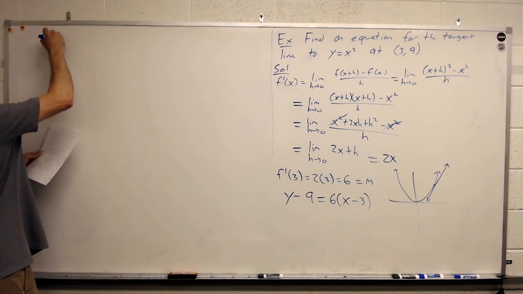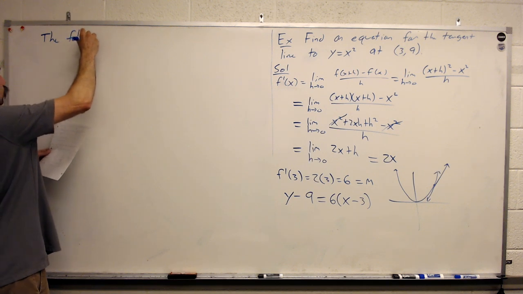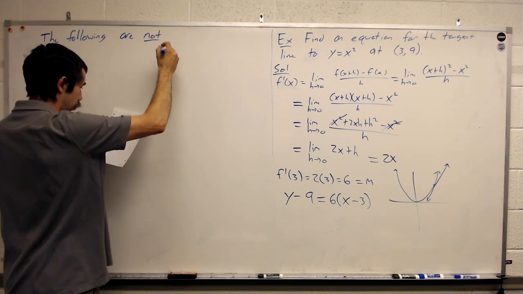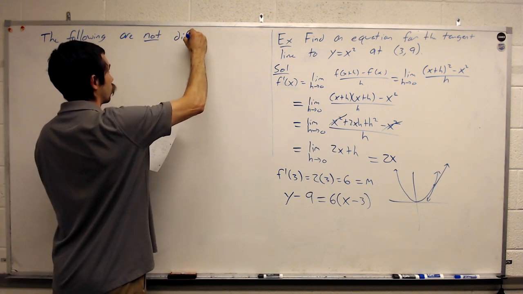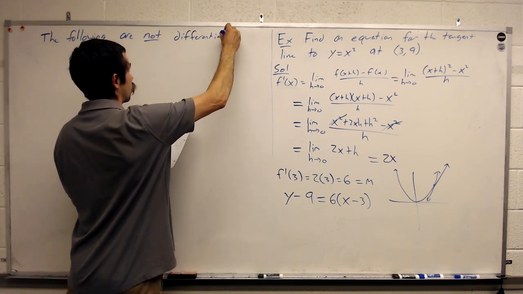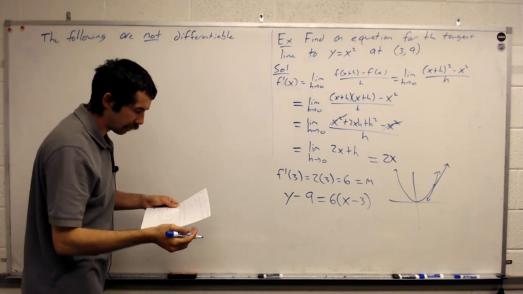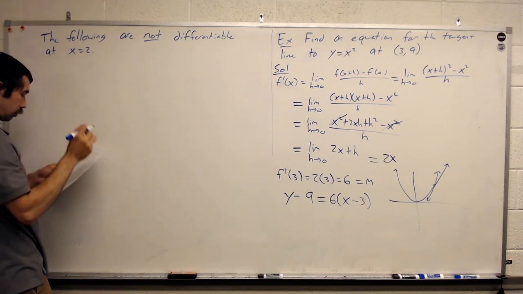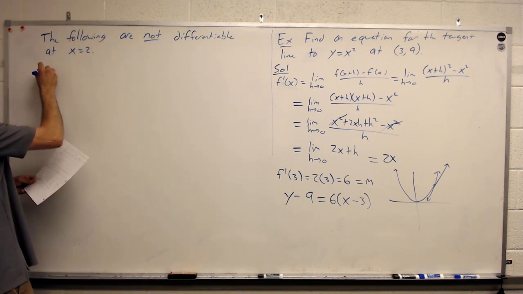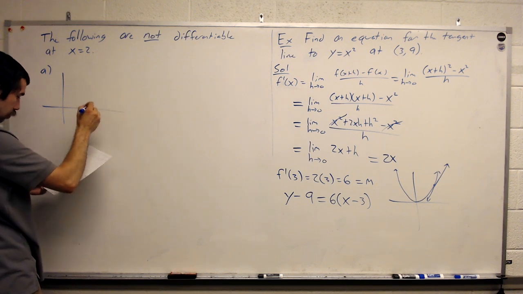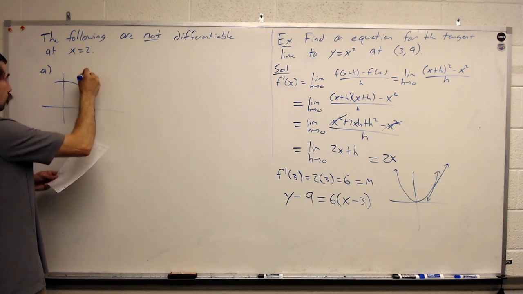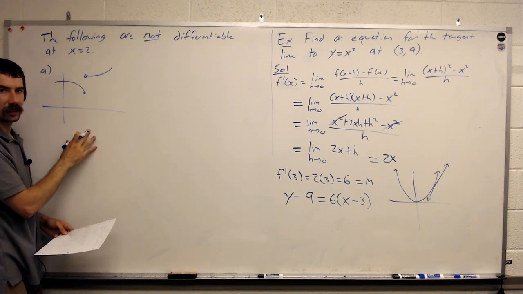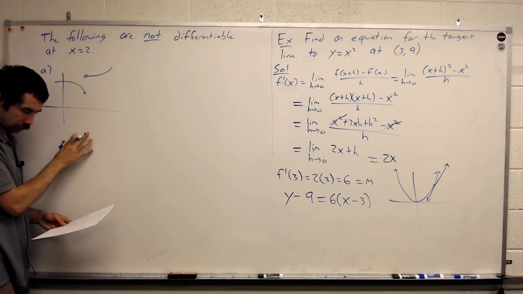So the following are not differentiable, which means they don't have a derivative at x equals 2. Okay, so the first one has a discontinuity at x equals 2.